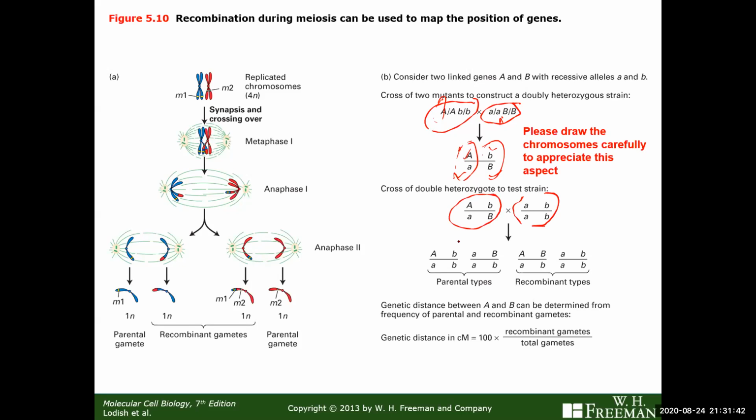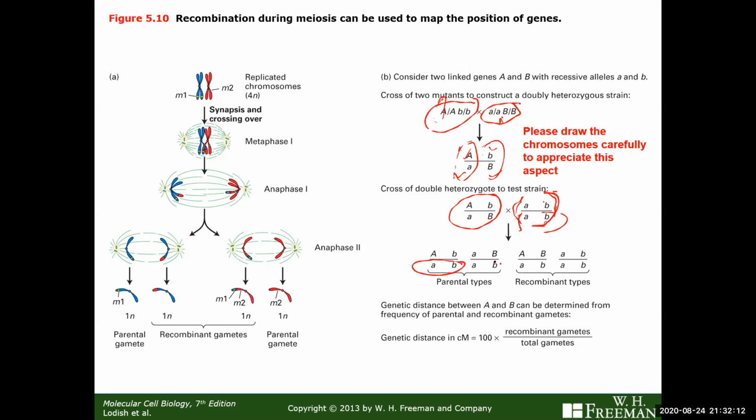Sorry, I take that back. The genotype will have, see the way it is done, because it is a double homozygote for both A and B, the chromosome that you are getting from this parent is the same.